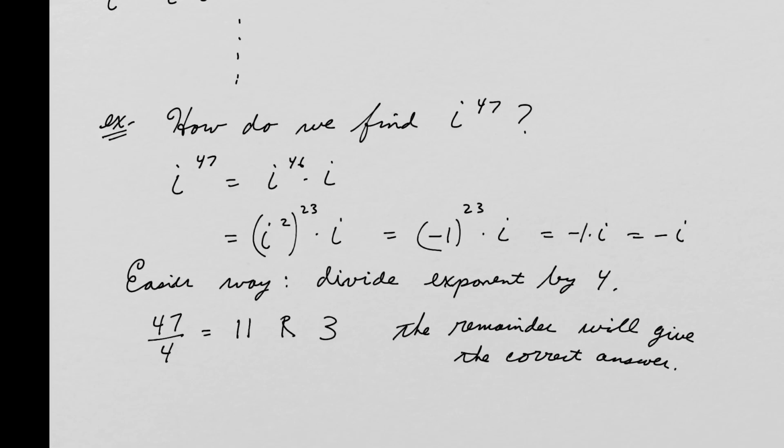What do I mean by that? Well, if the remainder, let me go to the next page. So if the remainder is 0, the answer is always going to be 1. It simplifies to 1. If the remainder is 1, it's going to simplify to i. If the remainder is 2, it's going to simplify to -1.